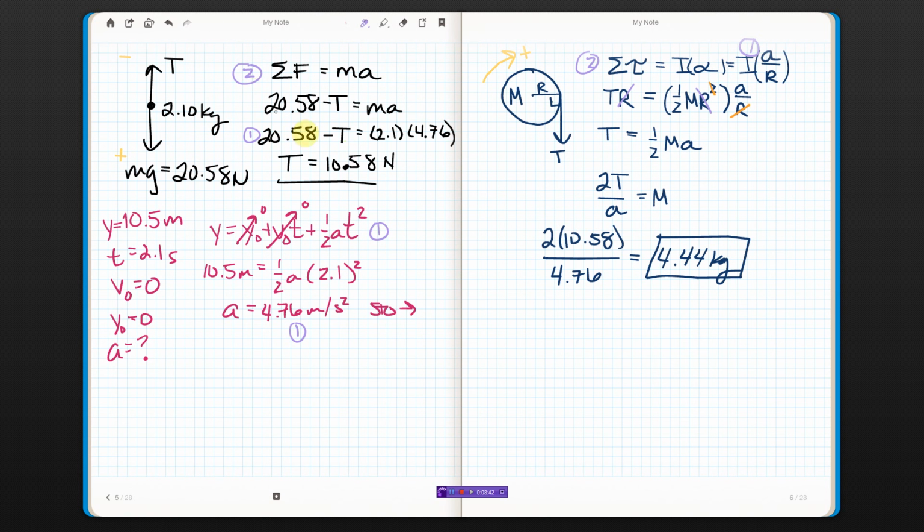So that brings me up to 8. And then a point for the answer and a point for units. That makes 10. Again, this is only one way to solve this problem. There is another video floating around of how to solve this with energy conservation.